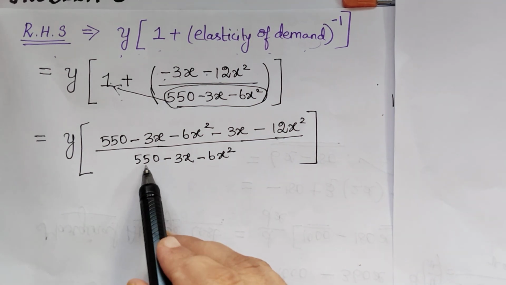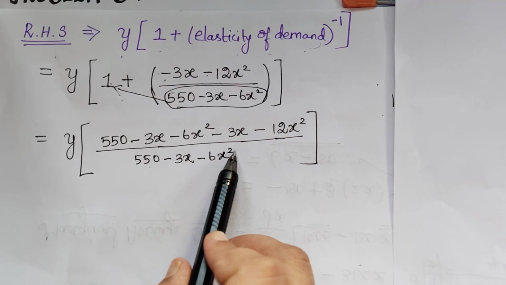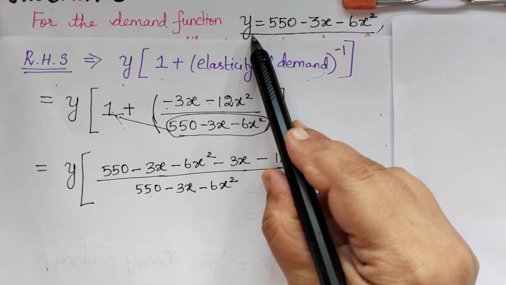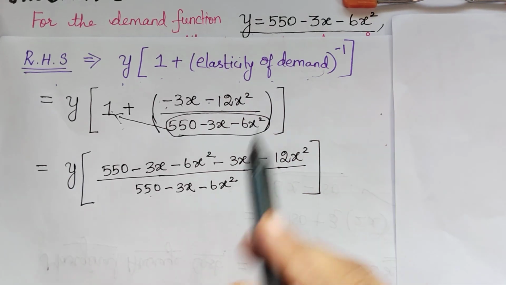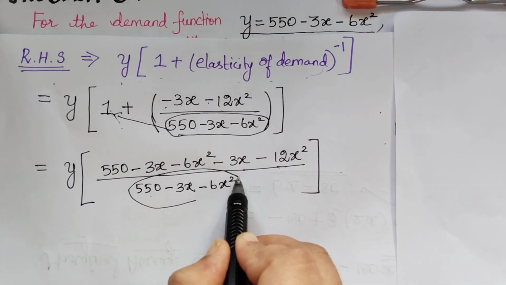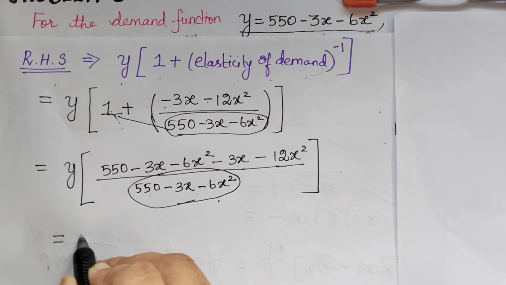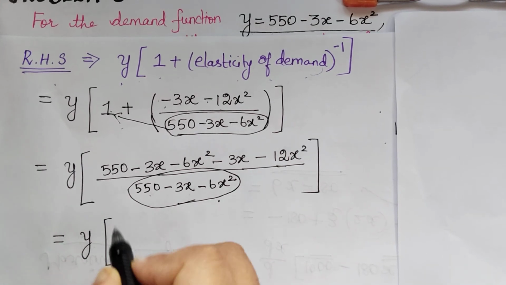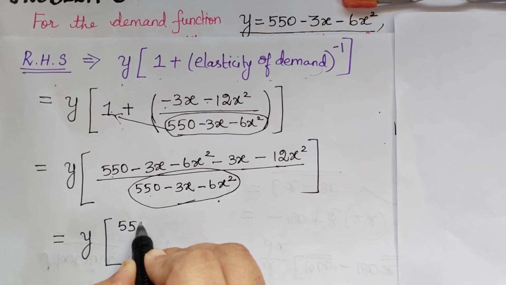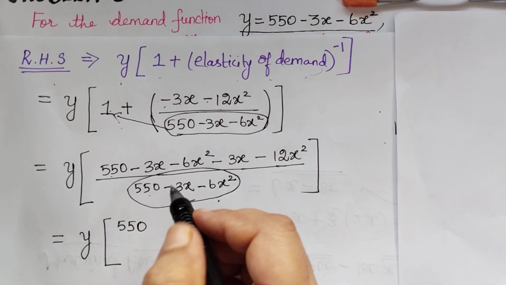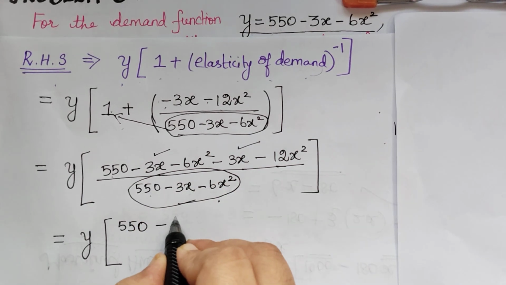Now if you see, in the denominator we have 550 minus 3x minus 6x square. It is the y which is given in the question. So this denominator can be replaced as y. And in the numerator, 550 is the only constant, so we will write that, and then we have minus 3x minus 3x, so it will become minus 6x.